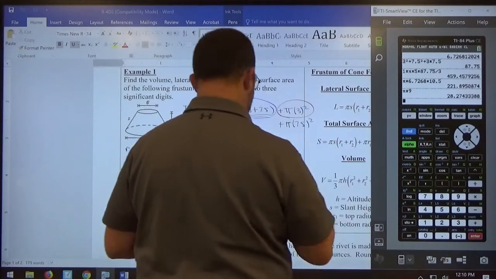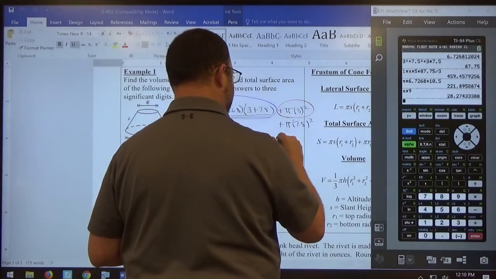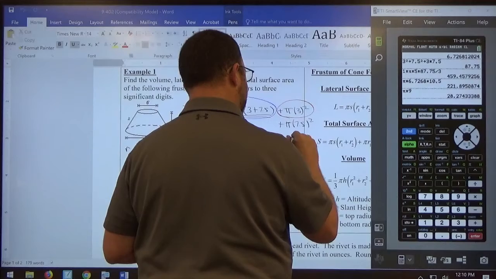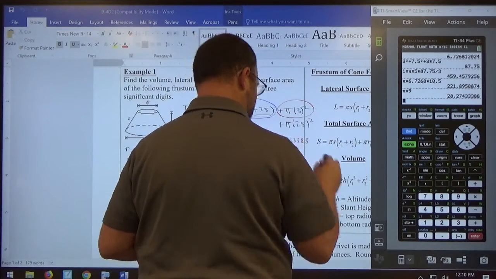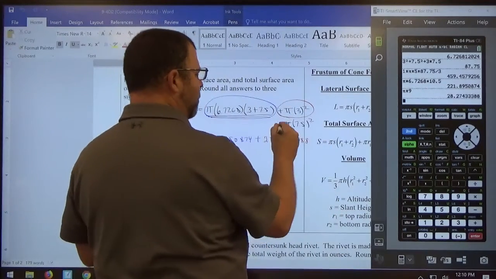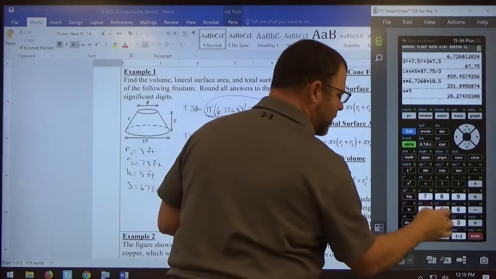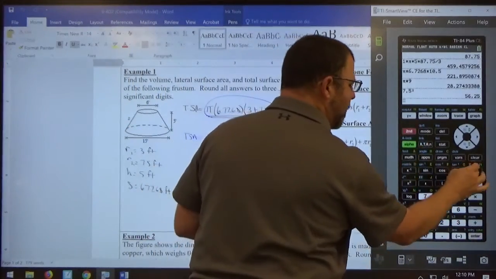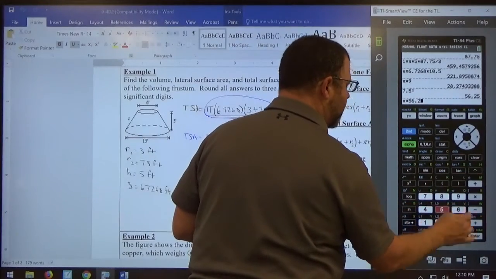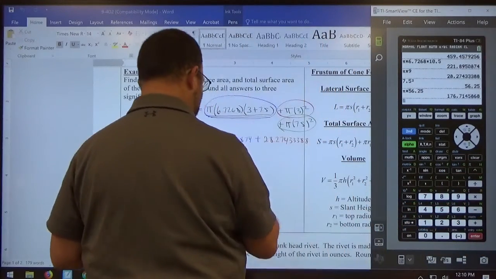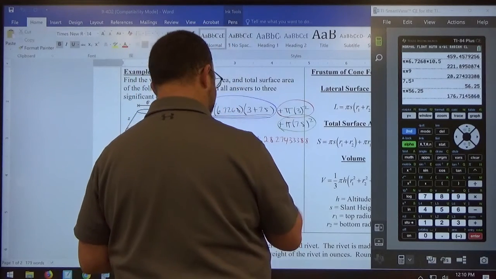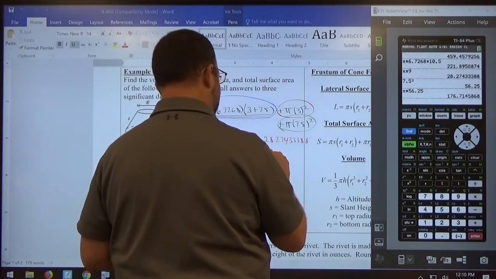That's 28.27433388. And then we're adding pi times 7.5 squared. 7.5 squared is 56.25, so it's pi times 56.25. That comes out to 176.7145868.